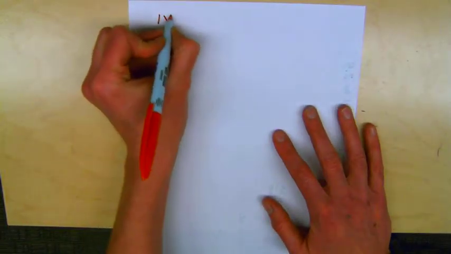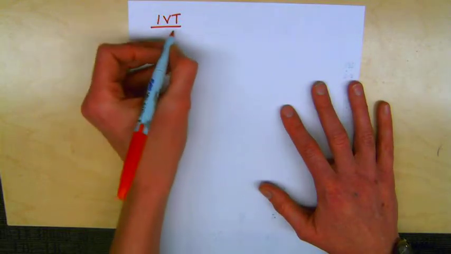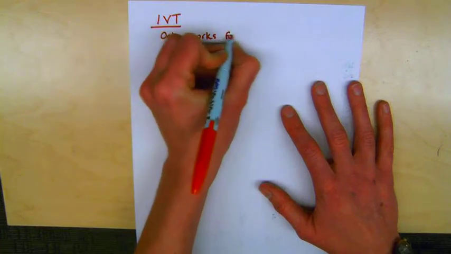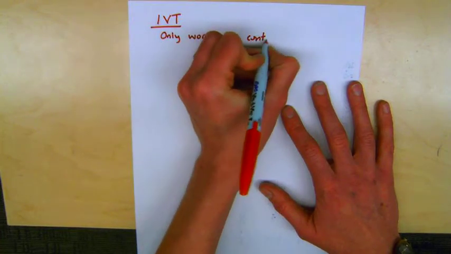Finally, I was asked about how you can use the intermediate value theorem. Our applications of the intermediate value theorem are usually pretty simplistic, but it only works for continuous functions.